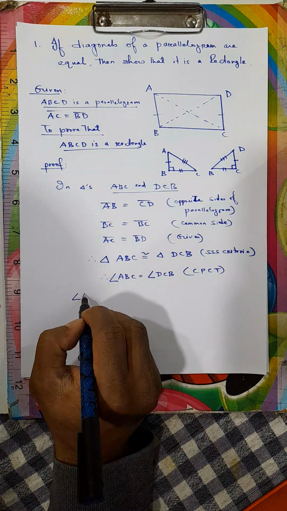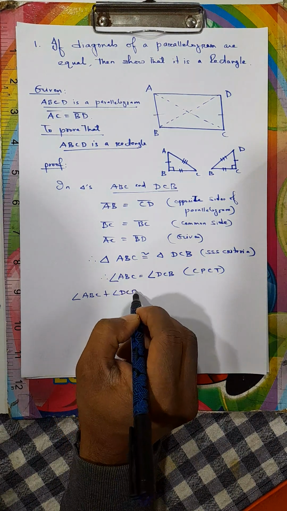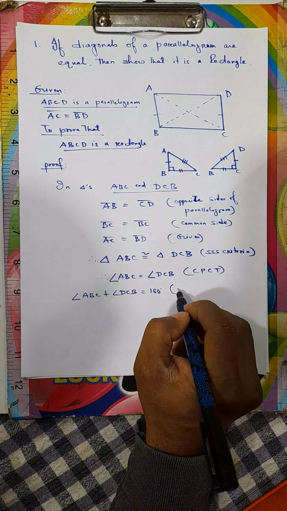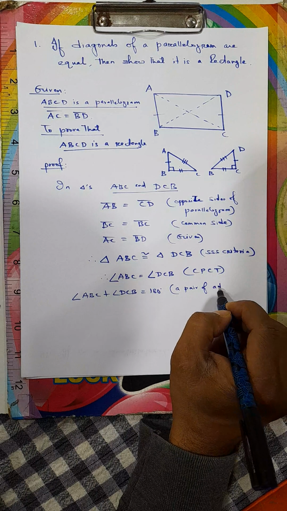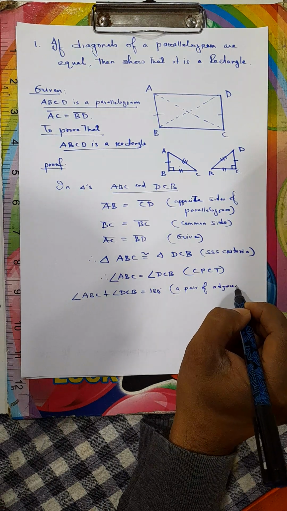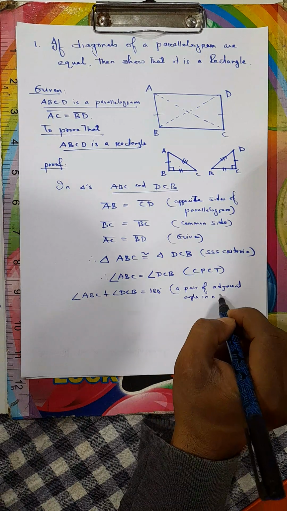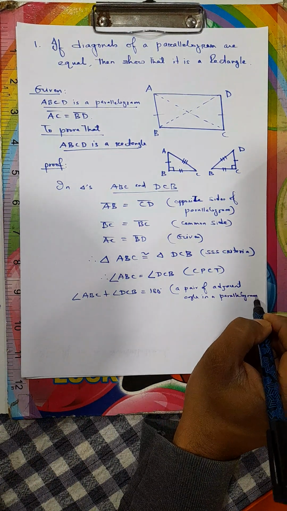Angle ABC plus angle DCB equal to 180 degrees. A pair of adjacent angles in a parallelogram, right?